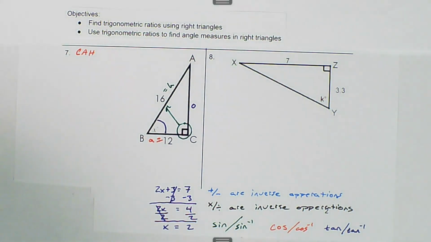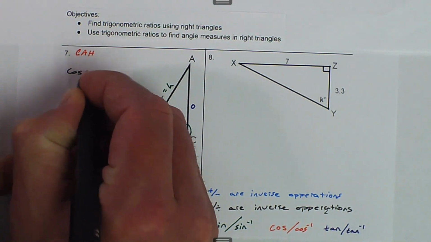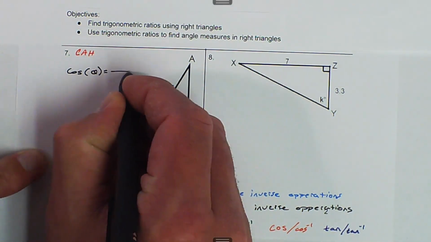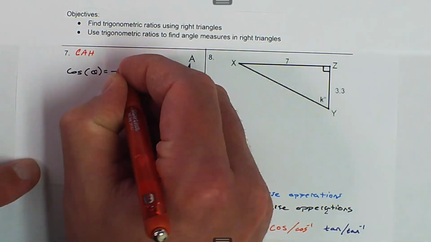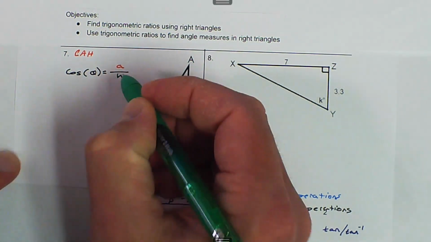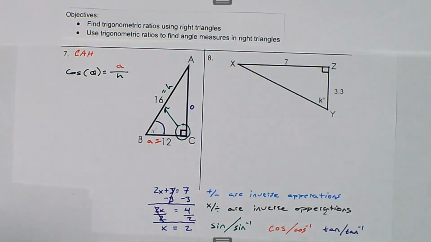We can write down the equation as cosine of theta is equal to A over H. So we can substitute in the values that we know.